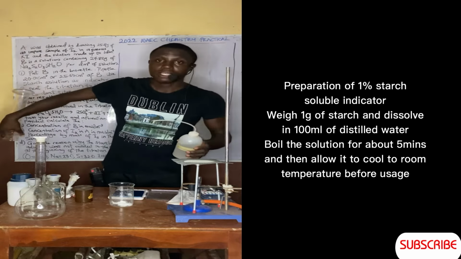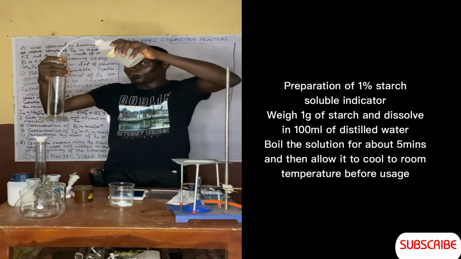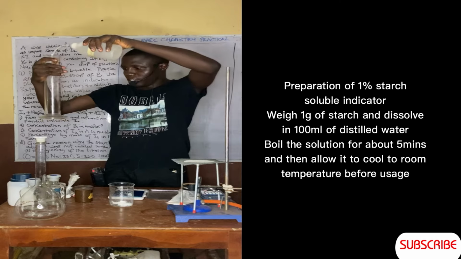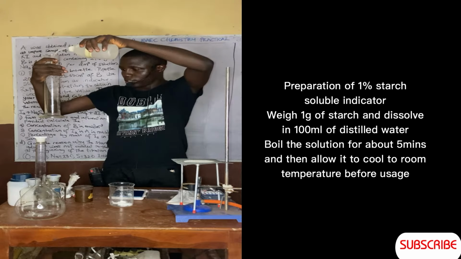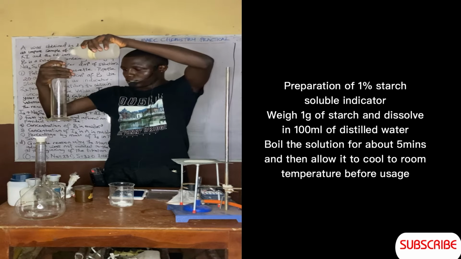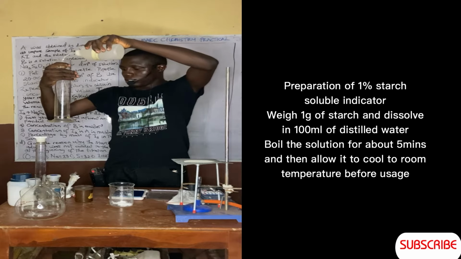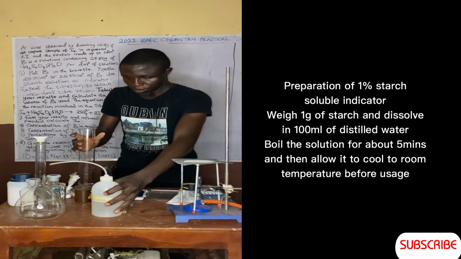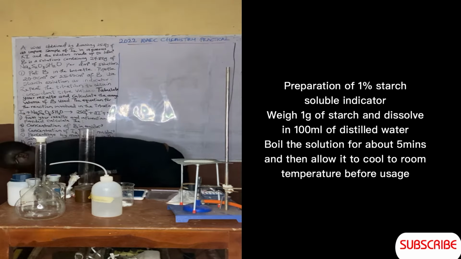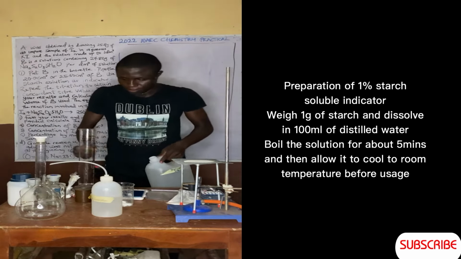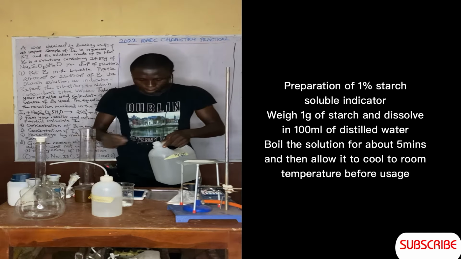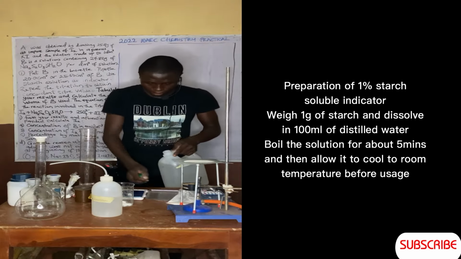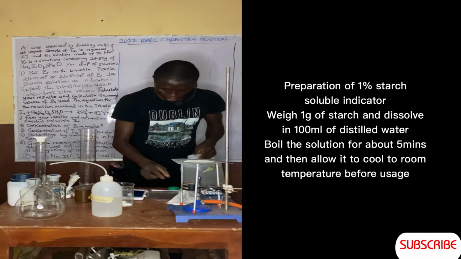So I'm using my measuring cylinder now. I'm improvising by using a measuring cylinder. Let me use this one to save our time. So I'm measuring 100 ml.